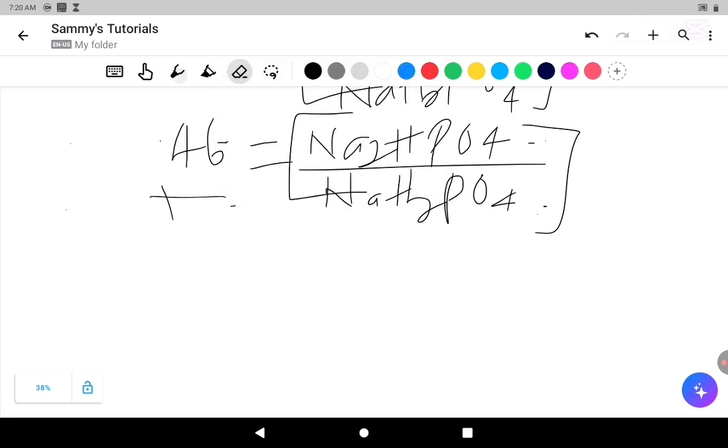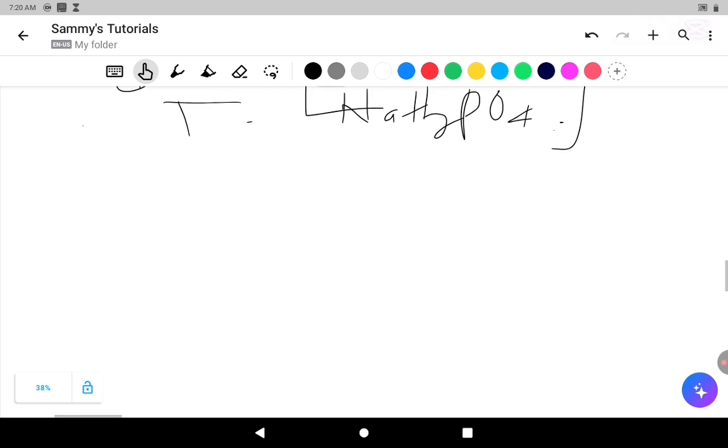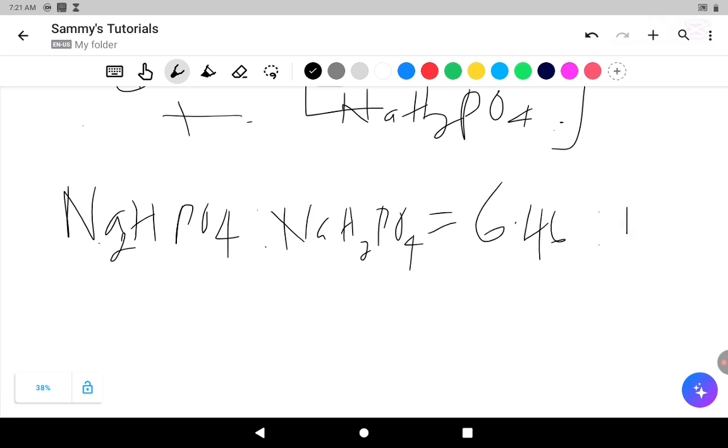So easily we can say that Na2HPO4 to NaH2PO4 equals 6.46 to 1. So they are existing in this ratio. Then you find the total ratio, that is 6.46 plus 1, to be 7.46. Okay, I found the total ratio.